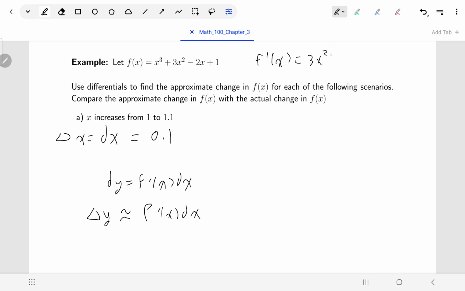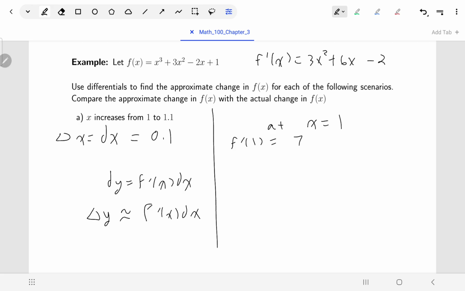It's 3x squared plus 6x minus 2. And we're approximating this at x equal to 1. So we're starting at 1 and then ending up at 1.1. So what I need is f prime of 1, and that would be 3 plus 6 minus 2, which is 7.